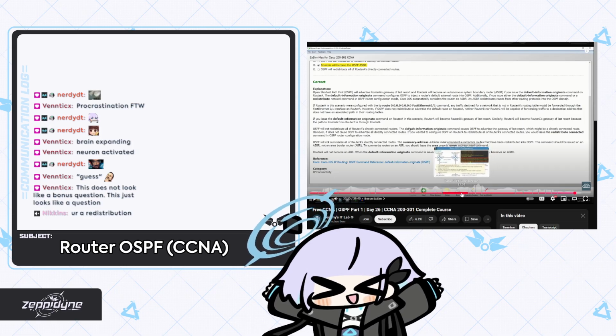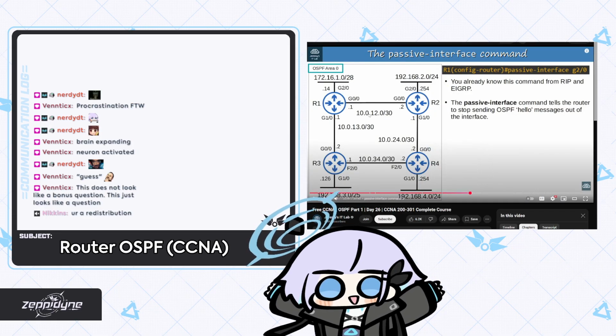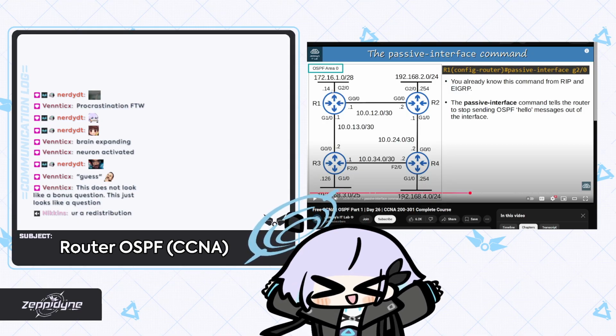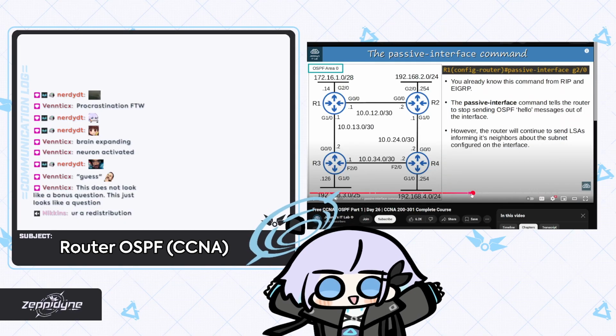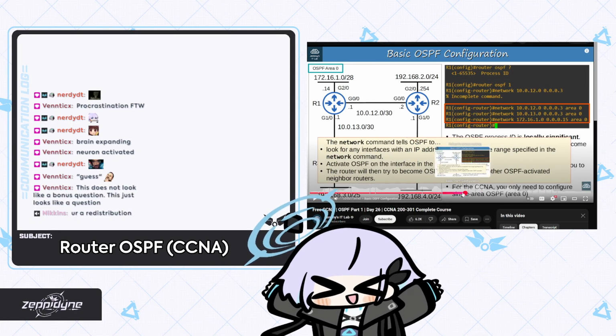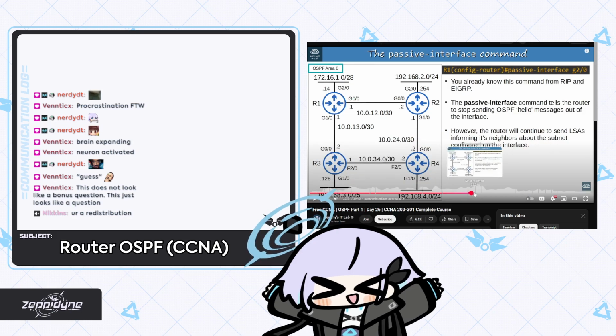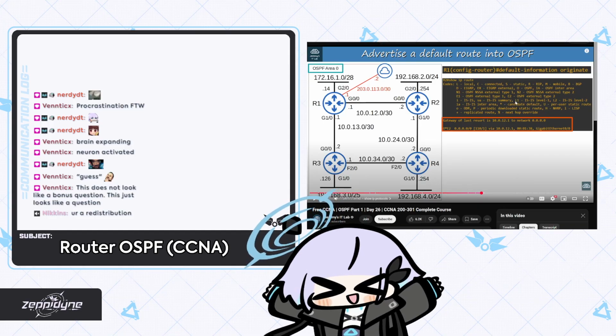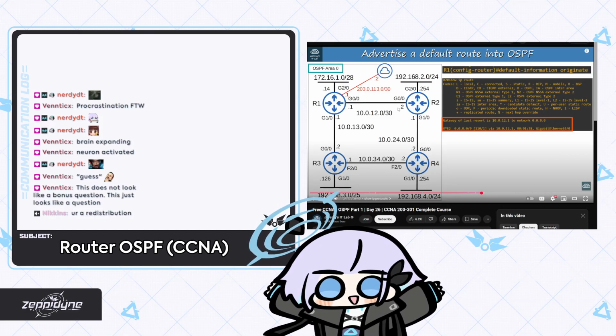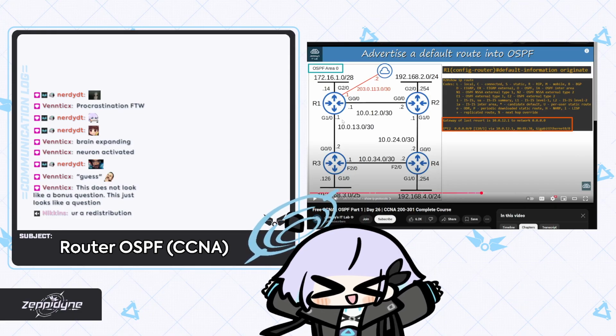So when you say, let's go back here, R1 does default-information originate. Did he show the command here? Oh, it's easier to talk about. Where's default-information originate? There it is. So when you use this command, it only floods LSAs to OSPF activated routers.